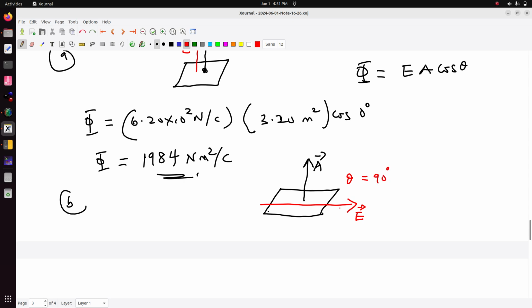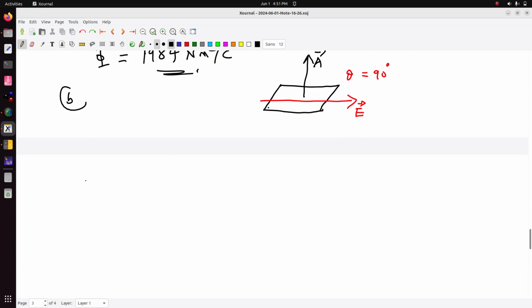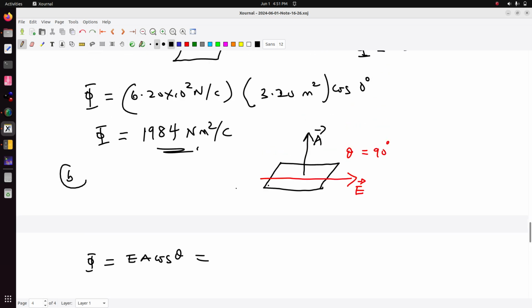Is 90 degrees. So if that is the case, it means the electric flux, phi, which equals EA cos theta, will be equal to the electric field, 6.2 times 10² newtons per coulomb, multiplied by the area, which is 3.2 meters squared, now multiplied by cos 90 degrees.